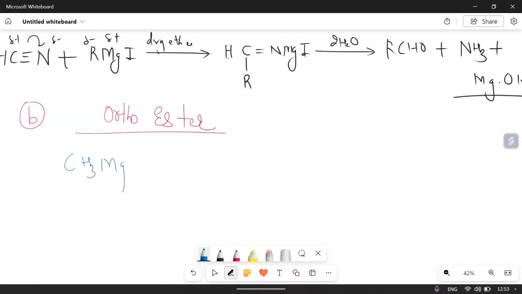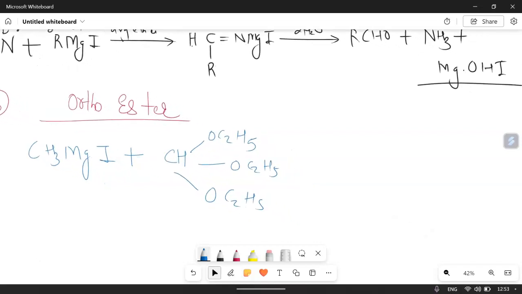CH3MgI, that is your Grignard reagent, plus CH(OC2H5)3, C2H5OC2H5. We call it orthoester, ethyl orthoformate.